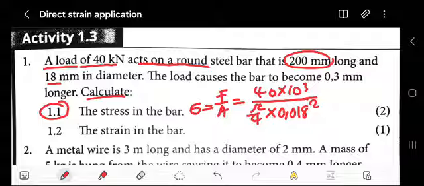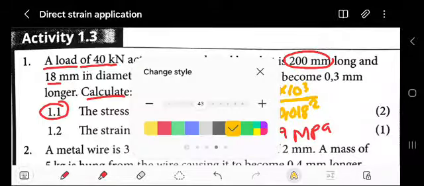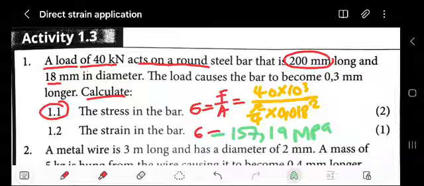If you have punched that, this will simply equal 157.119 times 10 to the power 6, which is megapascal. So yeah, 1 mark there, which is understandable. That is what you had.